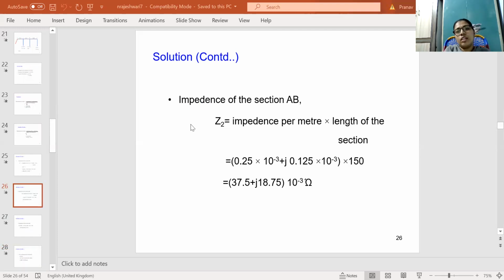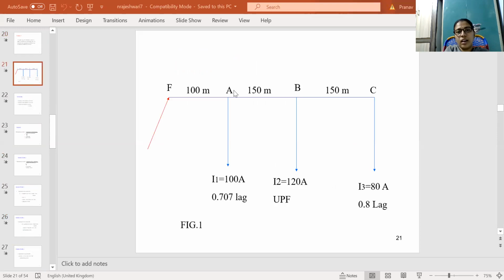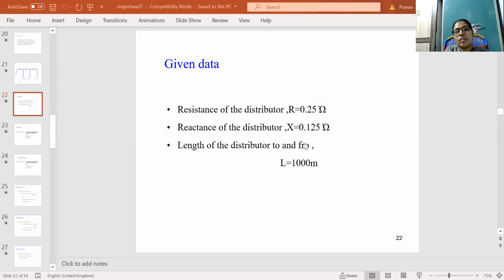And then the impedance of the section AB is Z2, impedance per meter into length of the section. The length of AB is given as 150, and BC is also 150. Again, we will find Z2 and Z3.